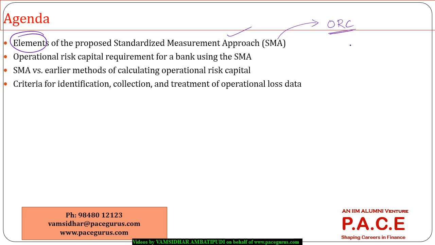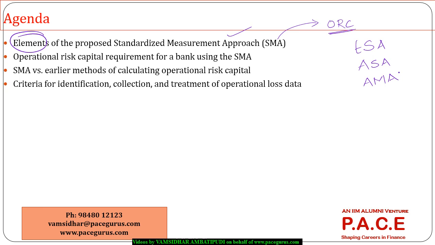Earlier, we had three major approaches for measuring the operational risk capital: the standardized approach, the alternative standardized approach, or the advanced measurement approach.